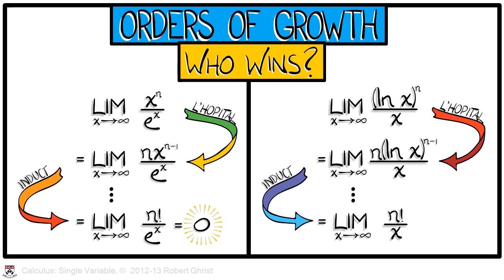We'll get a constant in the numerator, that constant being, once again, n factorial, the denominator remaining x. This, too, goes to 0, which means that linear growth is faster than logarithmic growth, even logarithmic growth raised to a power.